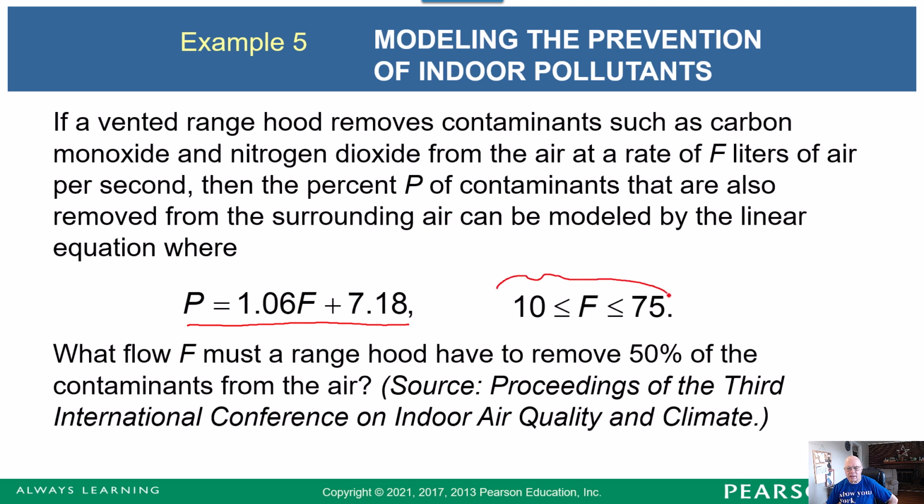That rate has to be between 10 and 75, and remember, that's how many liters of air per second. Now we want to know what flow F must a range hood have to remove 50% of the contaminants from the air.